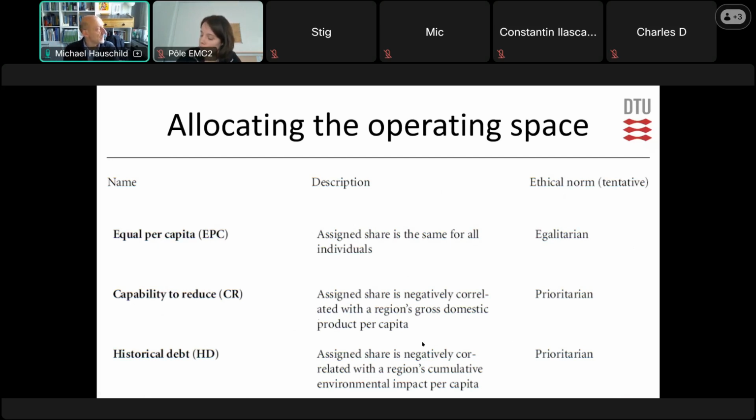So maybe developing regions, the global south, should actually have a larger space per person than we have, because we've already used a part of our space for climate change, but we have also used some of it to build these facilities that we need in order to live in a socially sustainable way.